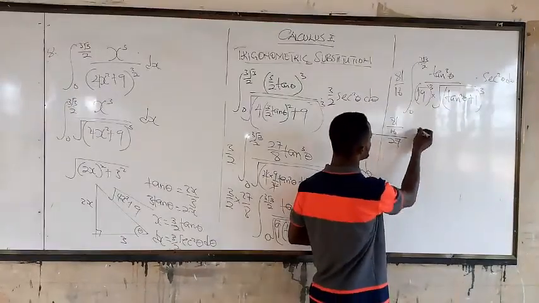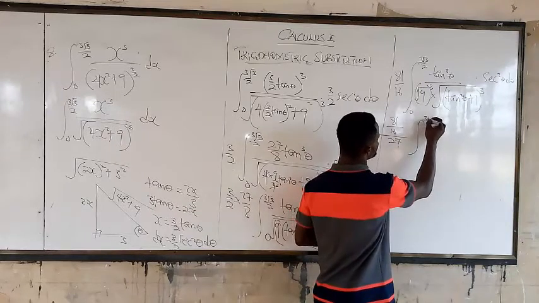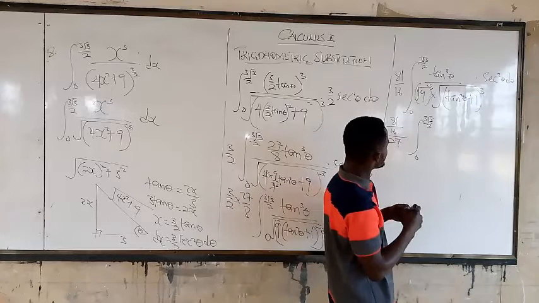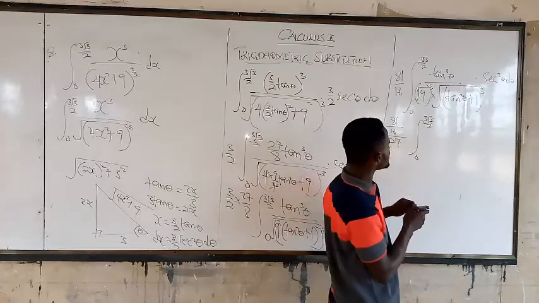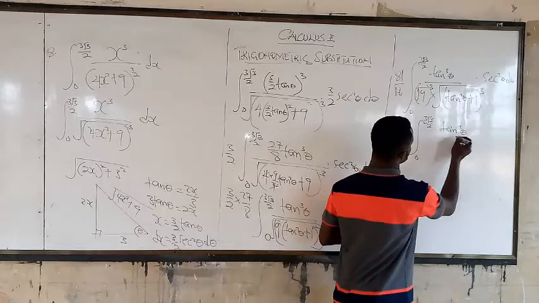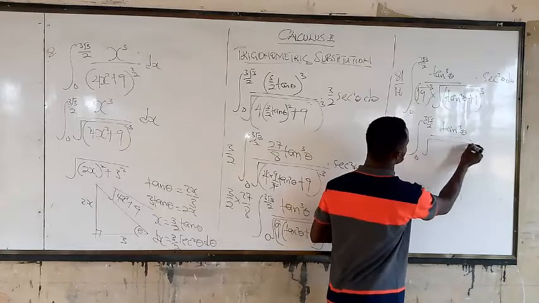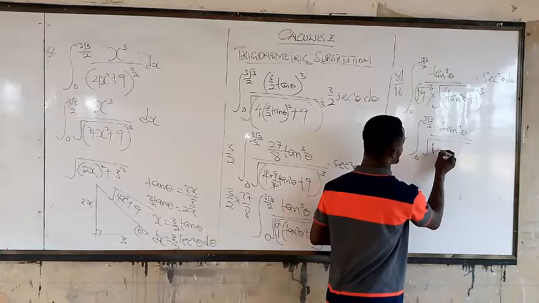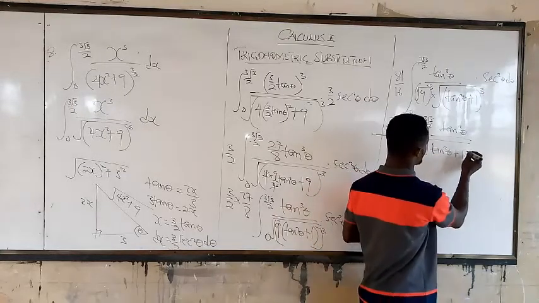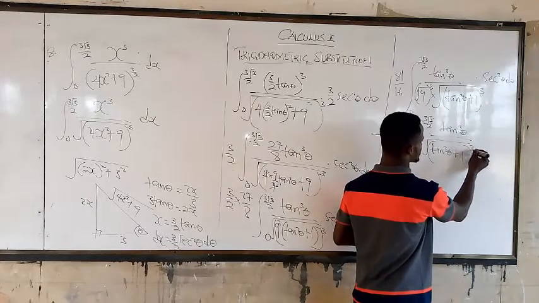And here we get integral of 3 square root of 3 over 2, 0. And what is left inside here? Here is tan, all this square root of 1 plus tan square theta all to the power 3.